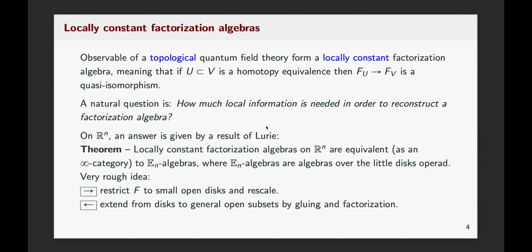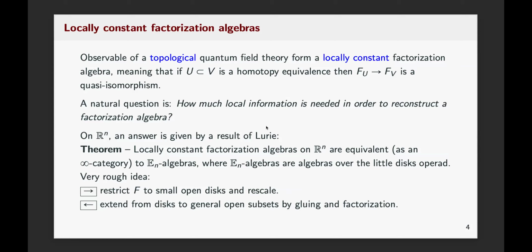The property says that if an inclusion of open subsets is actually a homotopy equivalence, then the map between the corresponding observables is a quasi-isomorphism, or your preferred notion of equivalence in your well-chosen category.